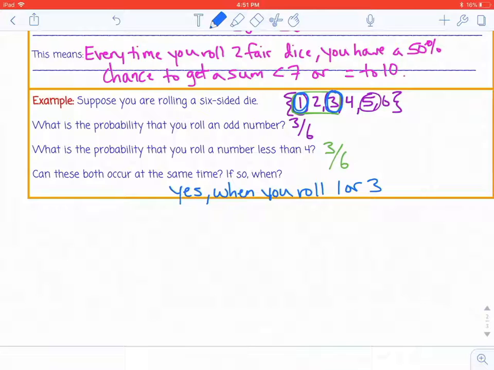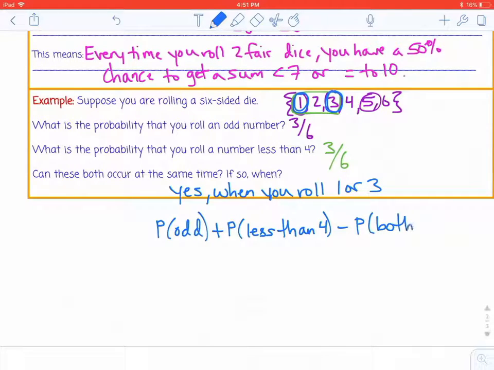So we have a probability that it is odd. So I'm going to write that out. Probability of odd plus the probability that it is less than 4. But then we have to subtract the probability that it's both odd and less than 4. And so that would be 3 out of 6 was the probability that it's odd.